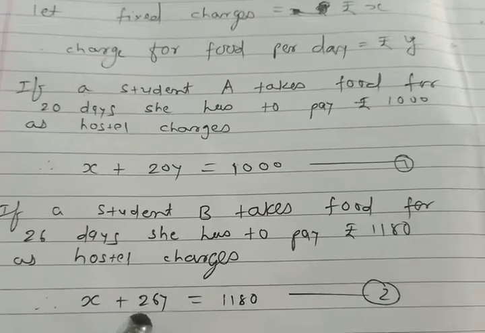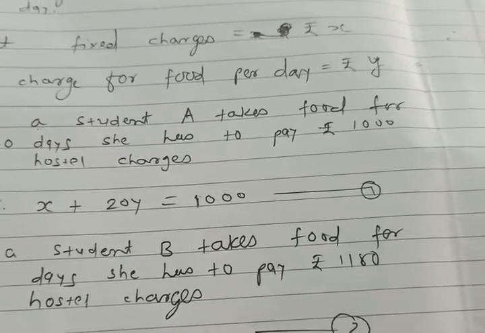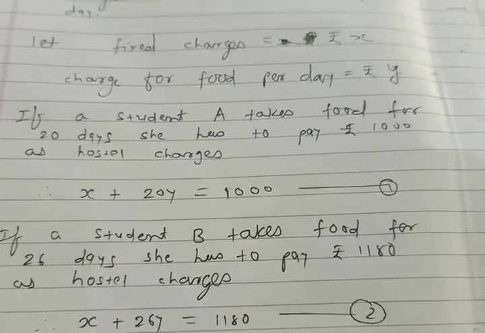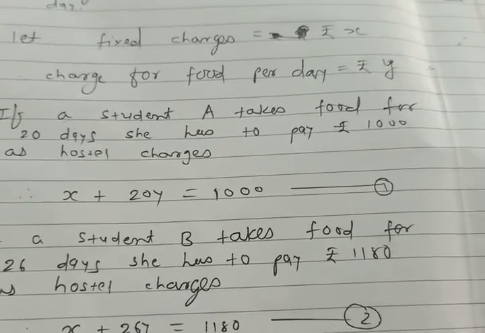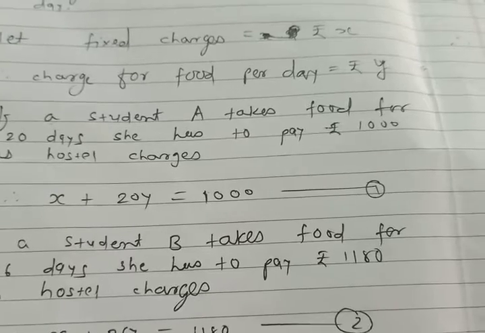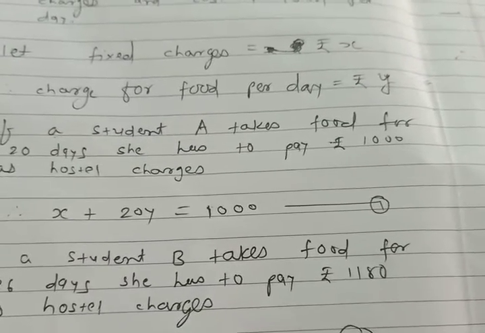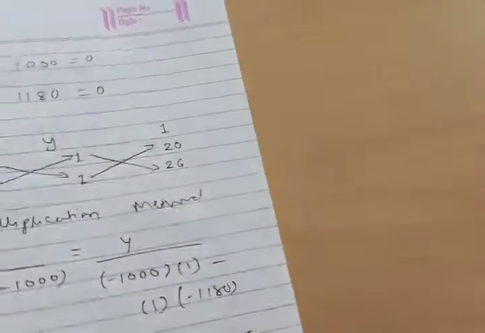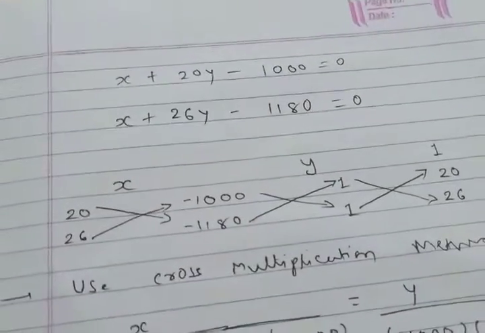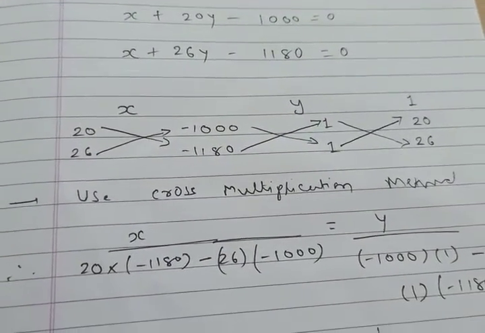So x plus 26y is equal to 1180 gives equation number 2. Now in problem sums, if you are able to make the equation, then it is very easy to solve the sums.